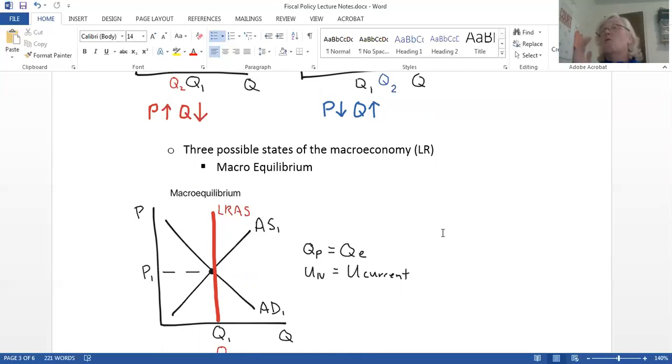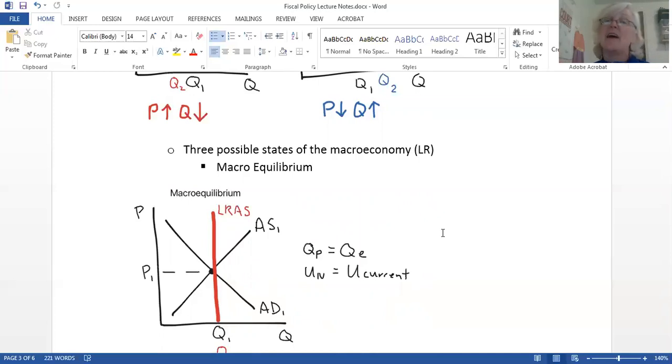Okay, so what we want to do is we want to take into account our PPF. And so the LRAS, long run aggregate supply curve, that's our threshold. That's our frontier. Okay, that's our PPF, our maximum that we could produce with all of our workers fully employed, not zero unemployment, at that natural rate, right?